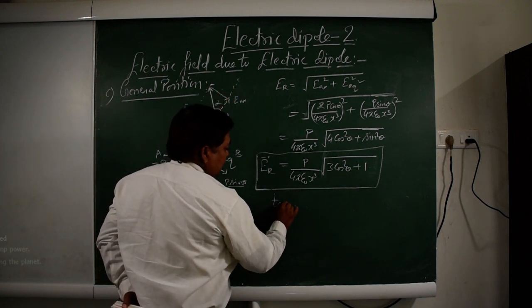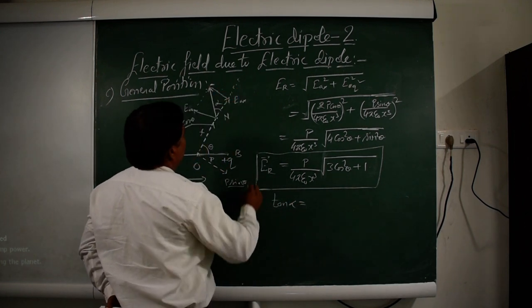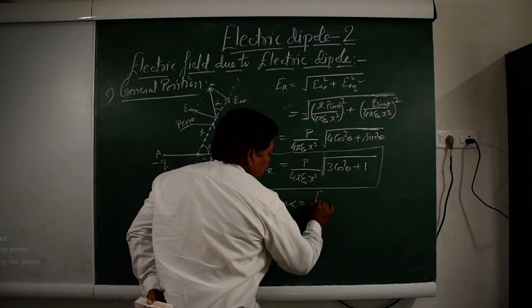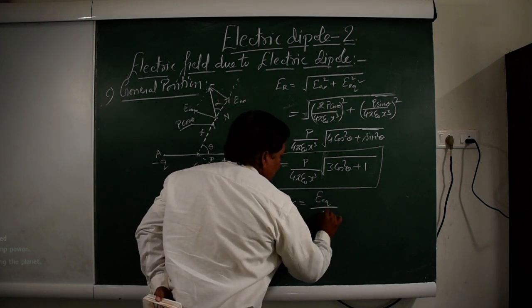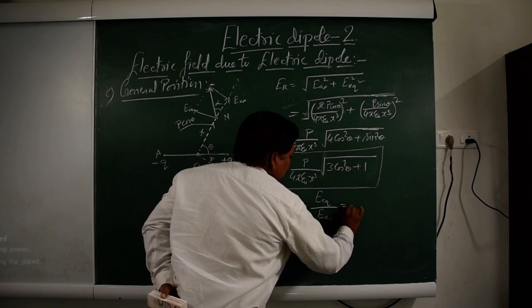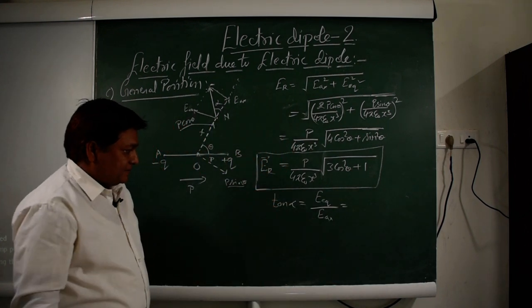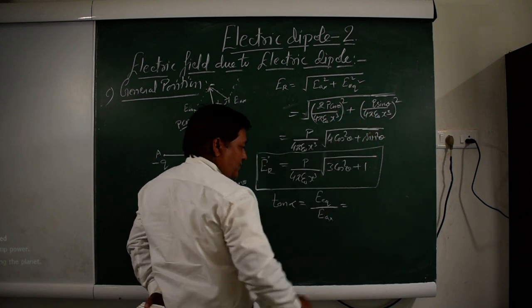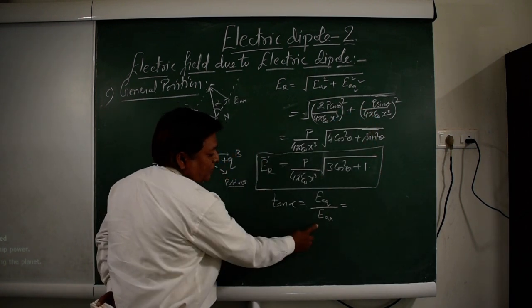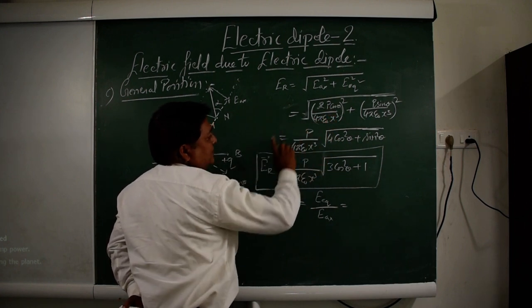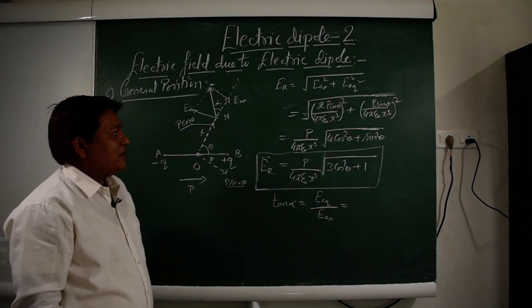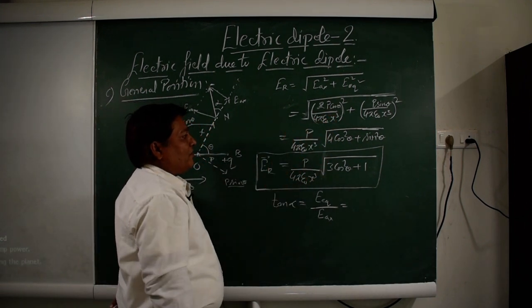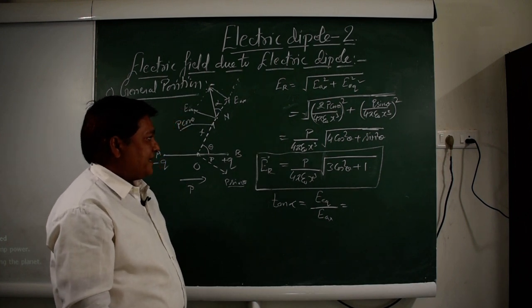So its direction will be tan alpha is equal to E equatorial upon E axial. If we place both values there, for equatorial p sin theta upon 4 pi epsilon naught x cube, and for E axial 2p cos theta upon 4 pi epsilon naught x cube, the p upon 4 pi epsilon naught x cube will be cancelled.